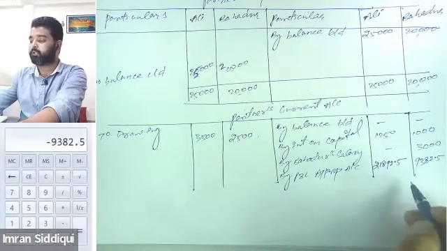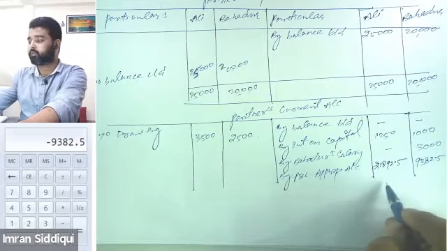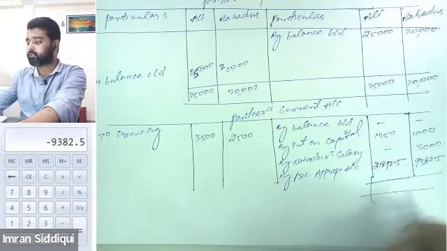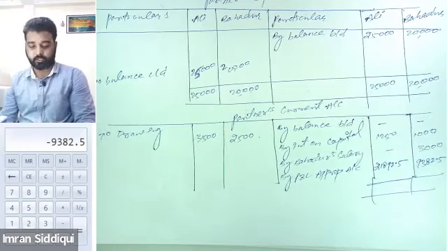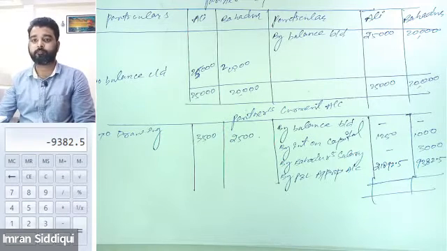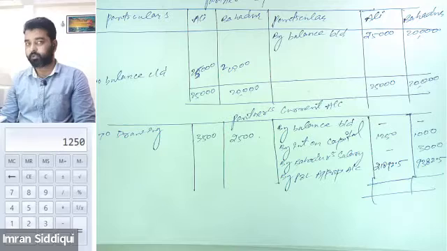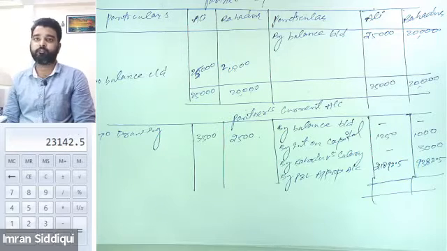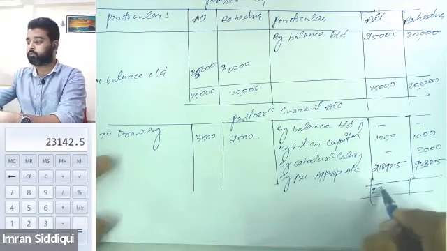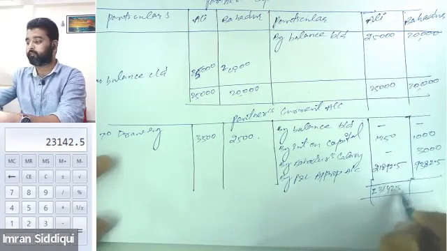So now we will simply total. First of all, we will total the credit side. When you total the credit side, Ali's balance will be, let me calculate, 1,250 plus 21892.5, so it will be 23142.5.